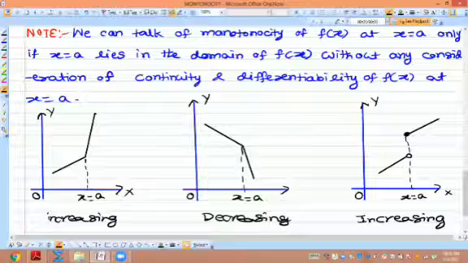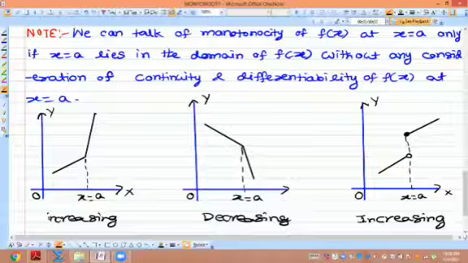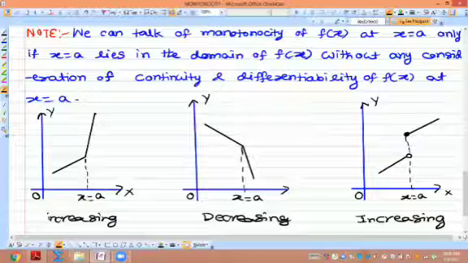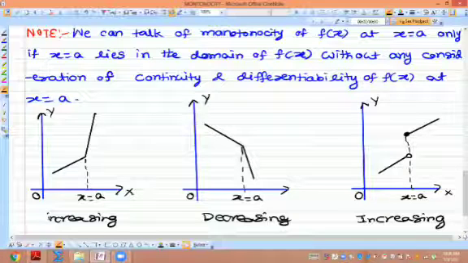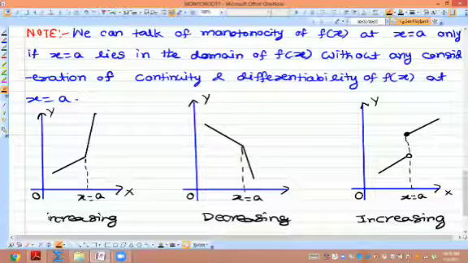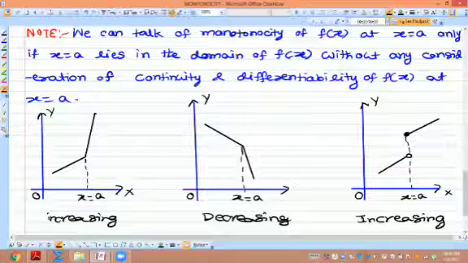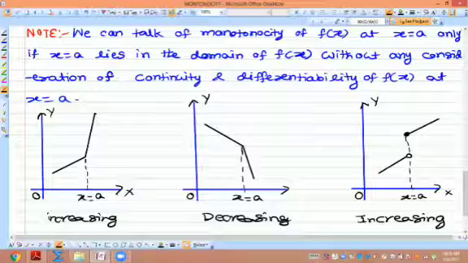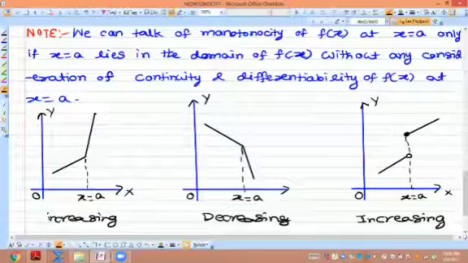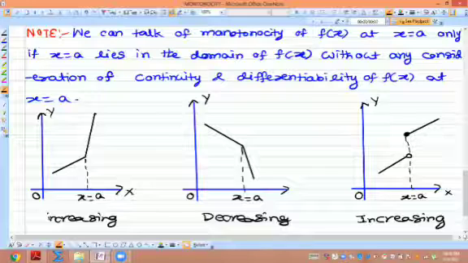First of all, mod x is only non-monotonic, so how can you discuss? Clear now? Yes, sir.